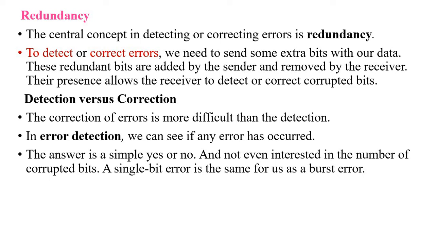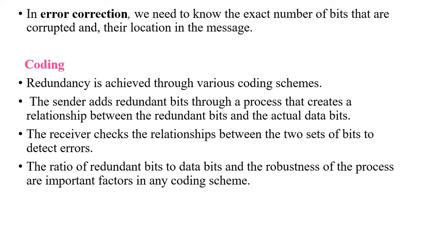In order to detect the errors, we can follow a certain format, whether it is a single bit error or a burst error. And if we identify that certain bits are corrupted, then we can go for error correction, and for that also we follow certain formats identified in the bit pattern.